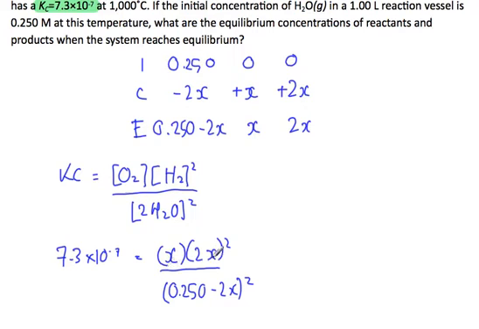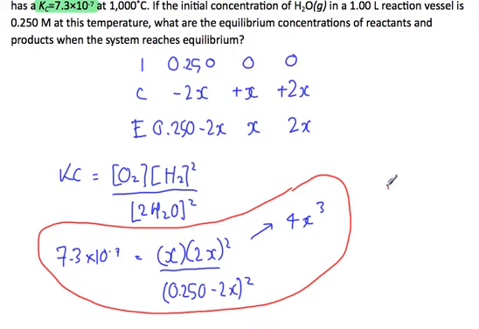X multiplied by 2x all squared isn't going to work, and that's a perfect square, but this is the problem here in the numerator, and that in fact simplifies to 4x cubed. And so if you were to solve all of this, you'd end up with a cubic equation. And there is no easy way to solve a cubic equation. That's a real can of worms trying to solve that one.